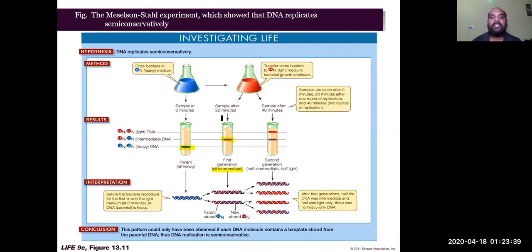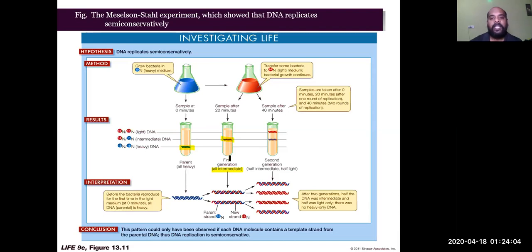So after seeing the first generation, they interpreted that the conservative model of replication is not there. The next thing they had to prove was whether the dispersive model or the semi-conservative model is correct, because after the first generation, both would give an intermediate band.